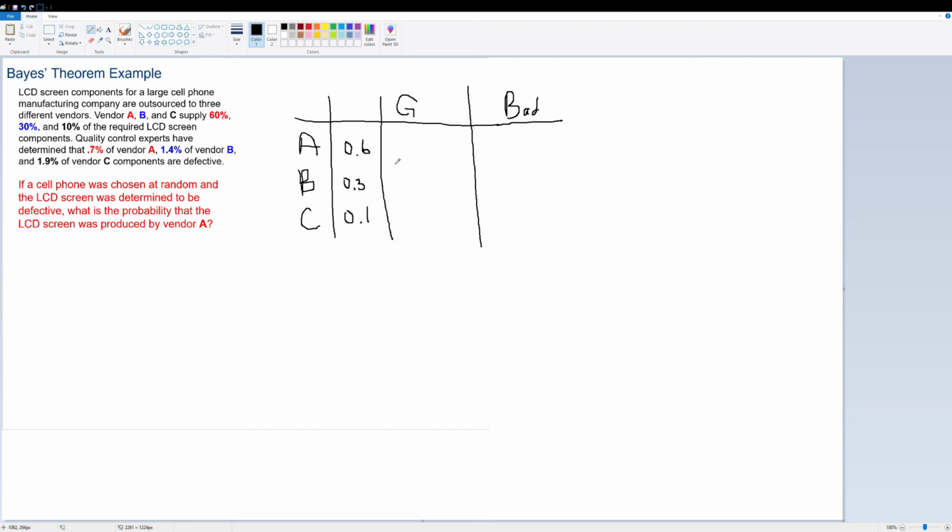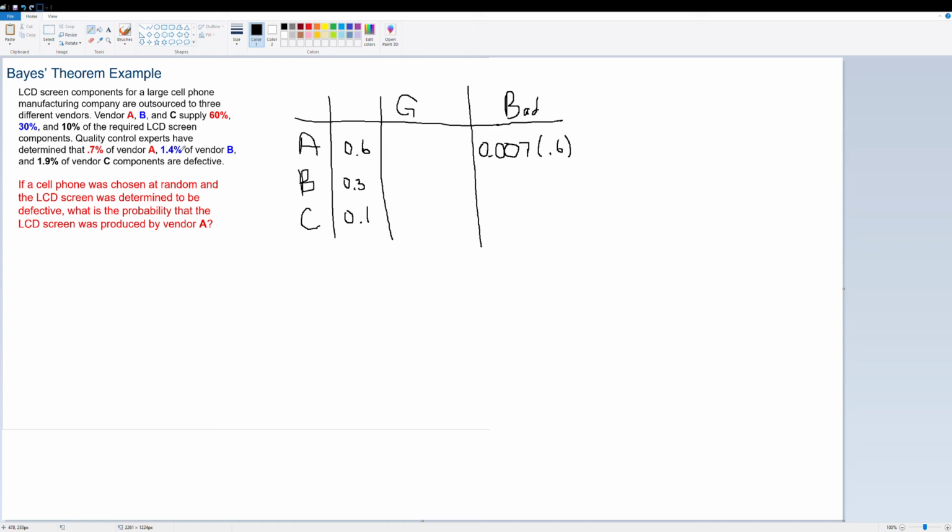I know that for vendor A, 0.7% are bad, or 0.007. So we're going to convert it to a decimal, 0.007. And I'll put this 0 in front over here to show the decimal. So 0.7% of the 60% are bad.